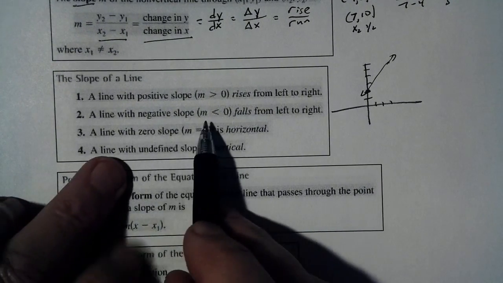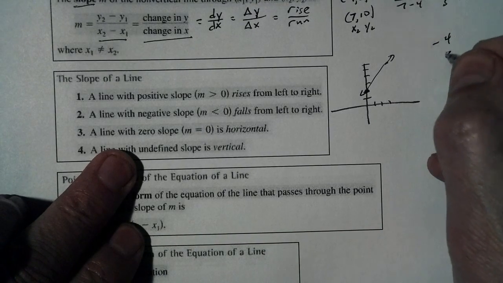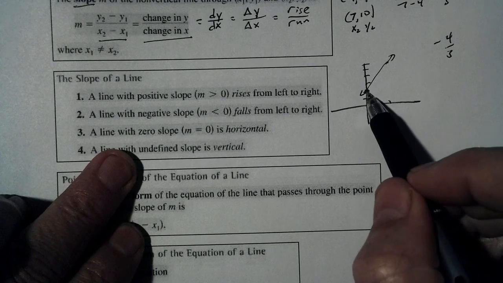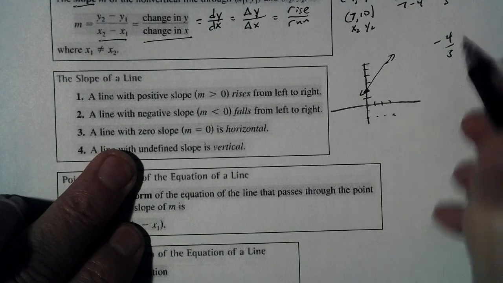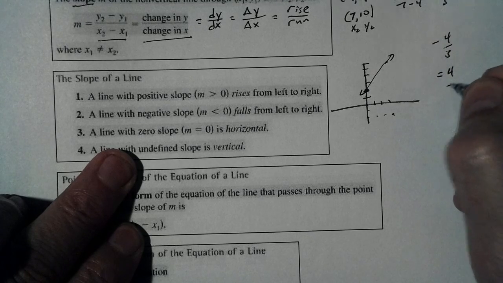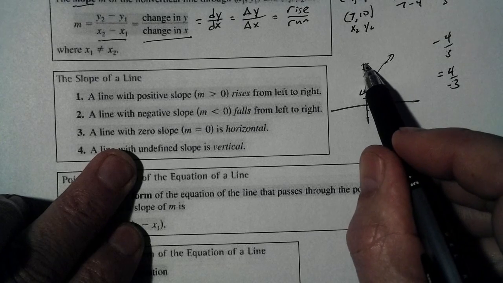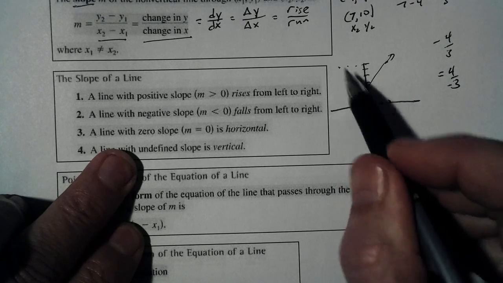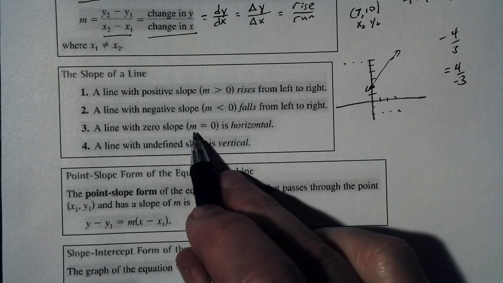And likewise, if the slope is negative, that would be like negative 4 on 3, which means we fall 1, 2, 3, 4 and run 3, or of course that's equivalent to 4 on negative 3. We could rise 1, 2, 3, 4, but run backwards 1, 2, 3. Okay, so it falls from left to right.